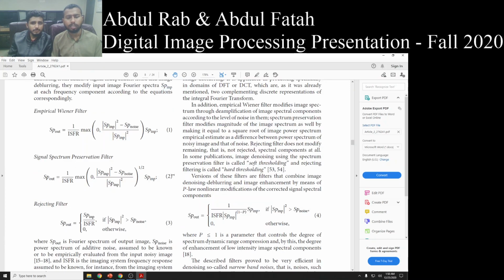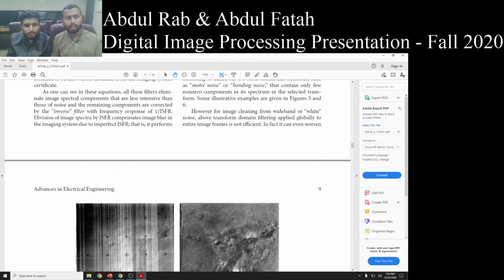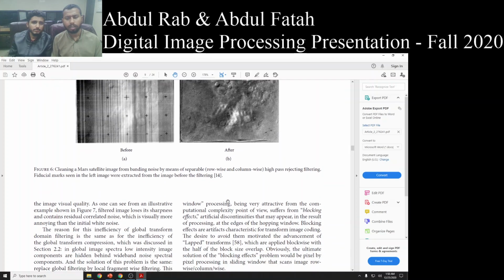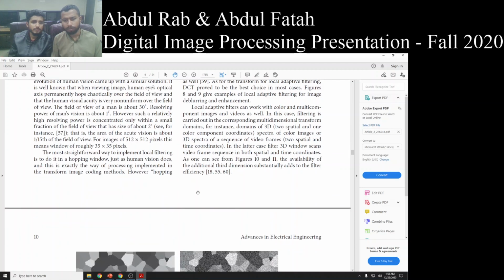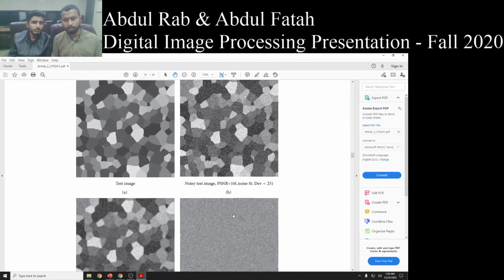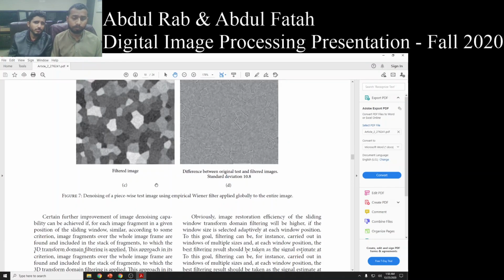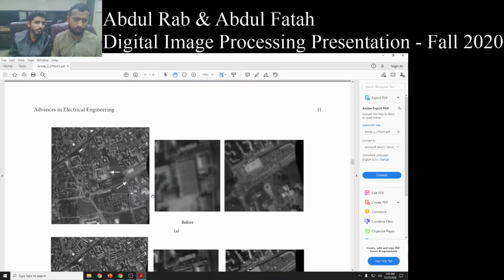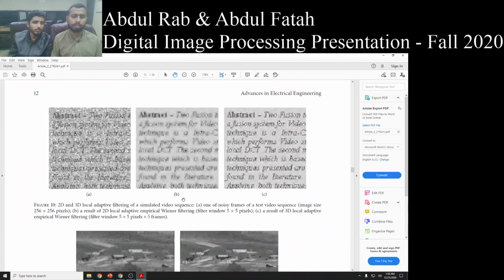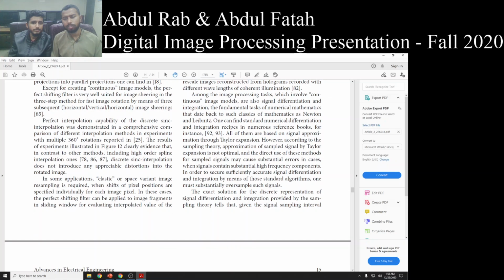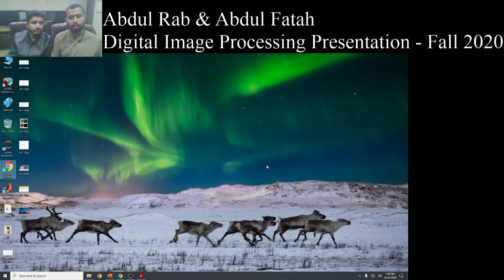And these were the filters. We also did the empirical Wiener filter. We did not have enough time to include this picture. We also included this one, related to pictures giving good results. This is a very big article, so it was a good coverage of this article.